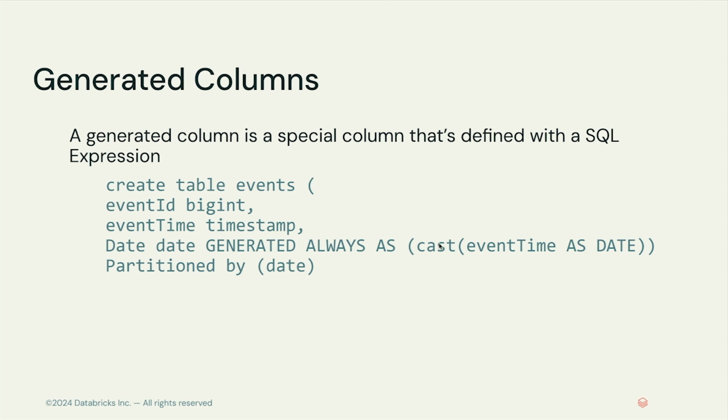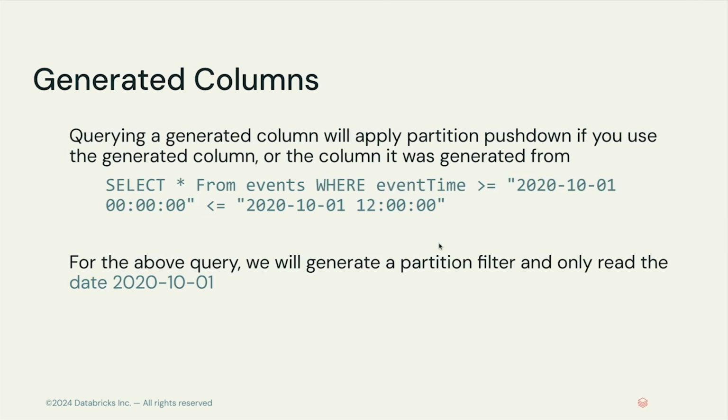What's super cool about this is that instead of manually casting it in your code, where you select timestamp as date, it does it automatically for you. As you write to this Delta table, it automatically generates that record. So if someone else writes to the table and doesn't realize they need to generate that record, it does it automatically for them. But there's more.